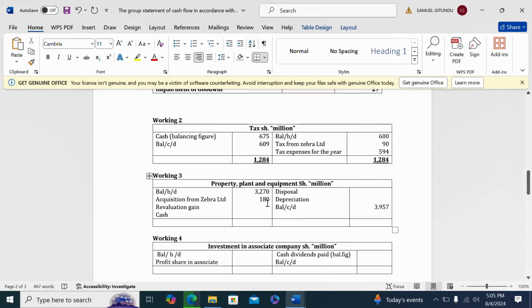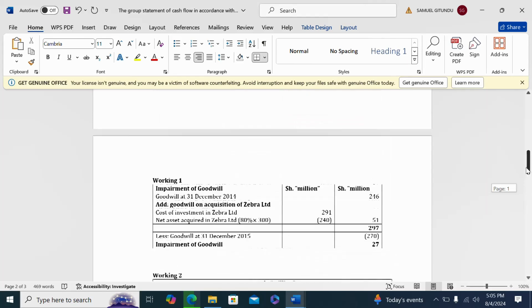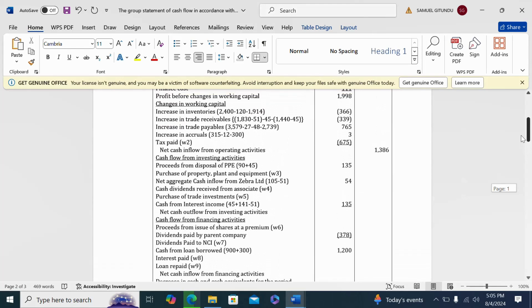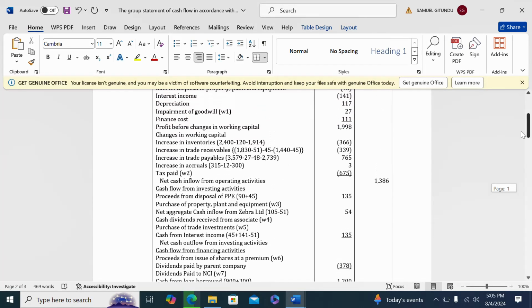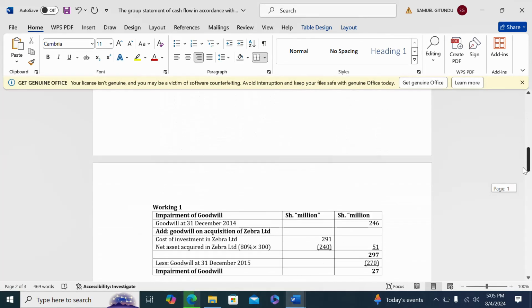Then the revaluation gain is 60. What about the disposal? The disposal is 90. And then the depreciation charge for the year is 117.